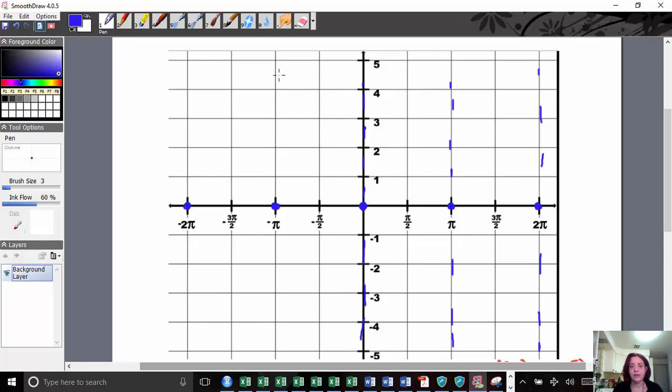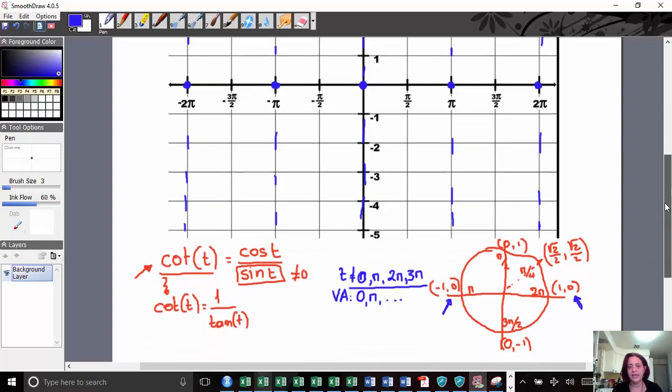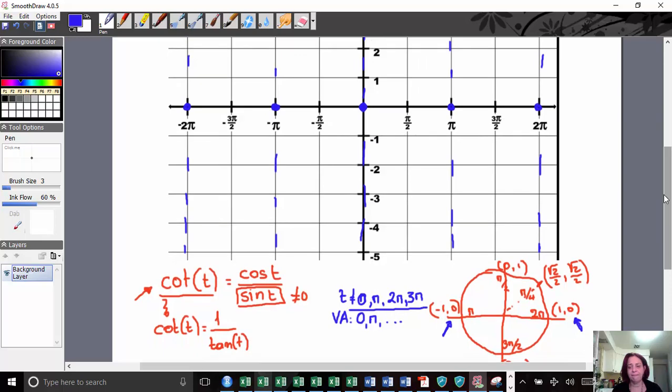Remember that the cotangent, as the tangent, both of them are repeating functions, periodical functions, so they repeat themselves within specific periods. The period for the cotangent, exactly as for the tangent, is nothing else than pi.